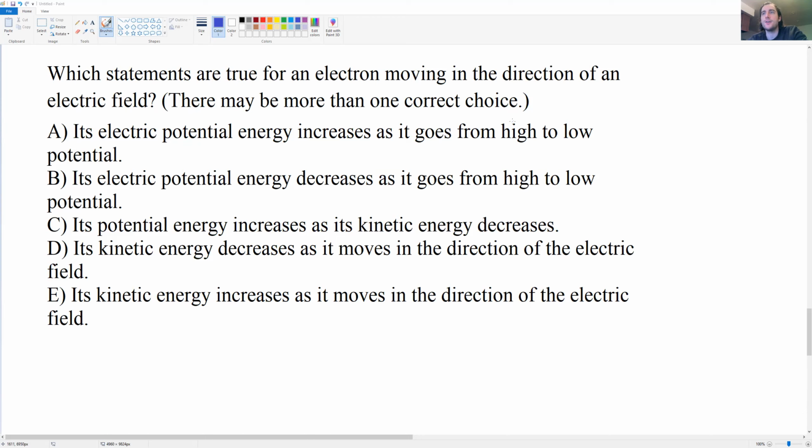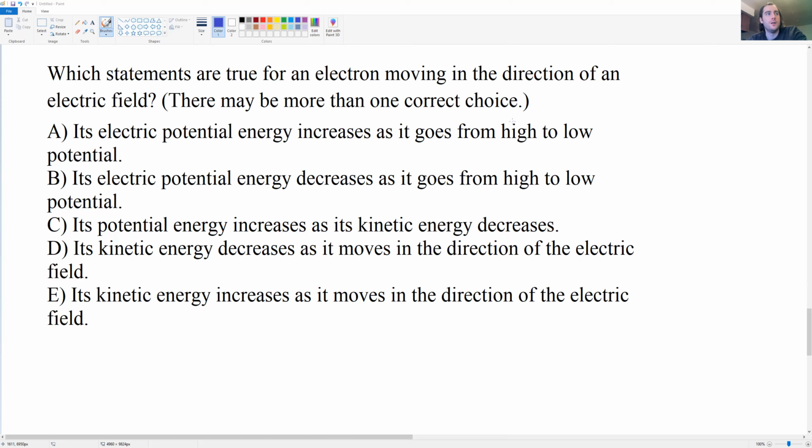Answer B, its electric potential energy decreases as it goes from high to low potential. Answer C, its potential energy increases as its kinetic energy decreases. Answer D, its kinetic energy decreases as it moves in the direction of the electric field. And answer E, its kinetic energy increases as it moves in the direction of the electric field.